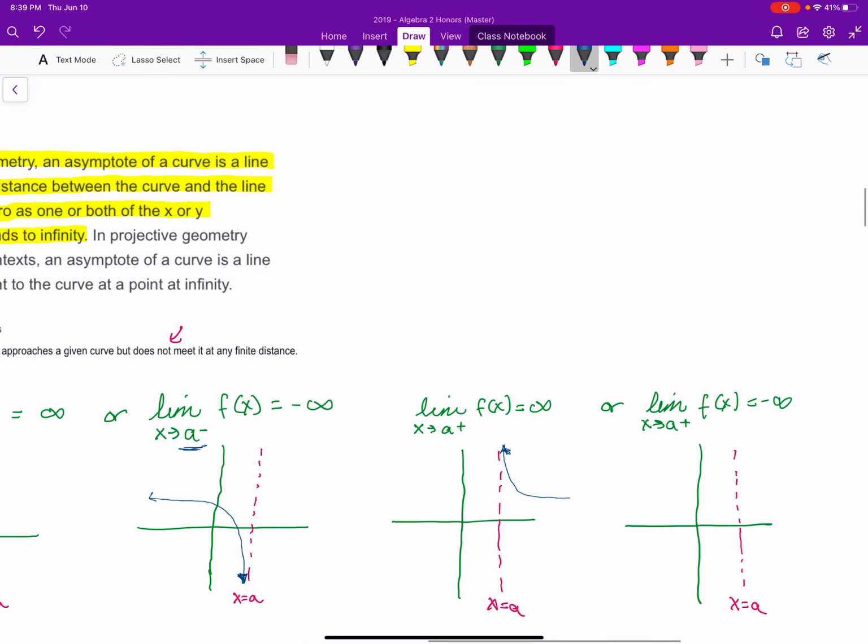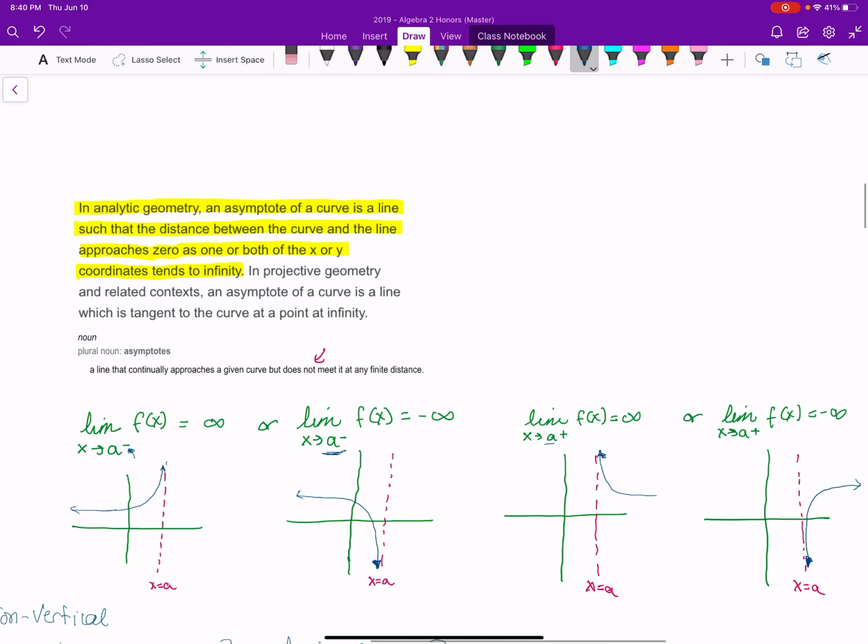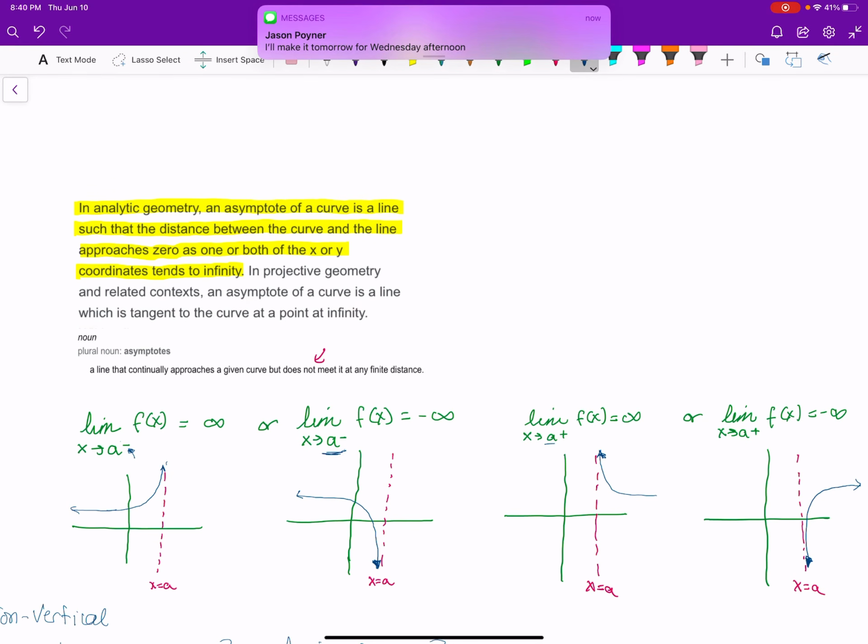As we get closer and closer to a from the positive side, it goes toward positive infinity. Or it could approach from the right and go to negative infinity. Those are the options for vertical asymptotes. And the way we find the vertical asymptotes is to take the denominator of the rational function and set it equal to 0. Whoops.